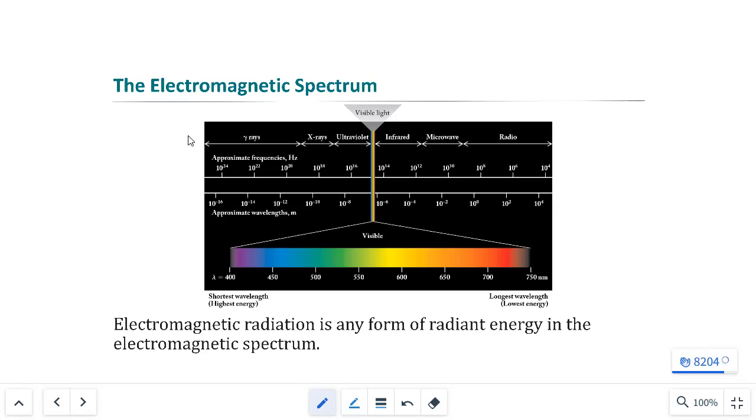And then way on the other side of the spectrum, we have radio waves. Now, there are probably radio waves going through this room right now. And we don't worry a lick about it because they are very long.